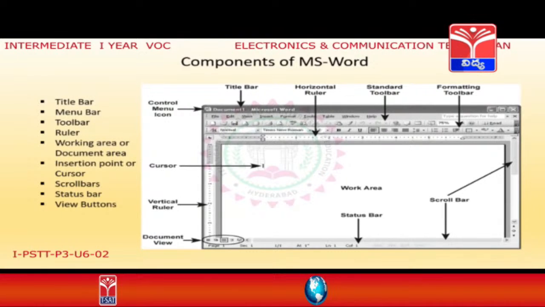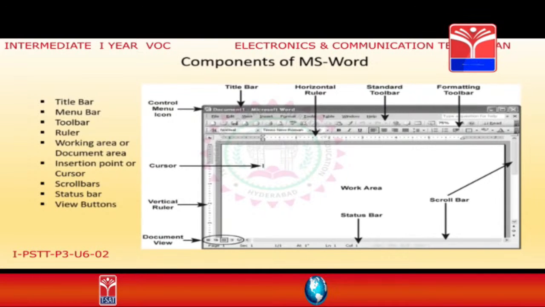Components of MS Word: title bar, menu bar, toolbar, ruler, working area or document area, insertion point or cursor, scroll bars, status bar, view buttons.